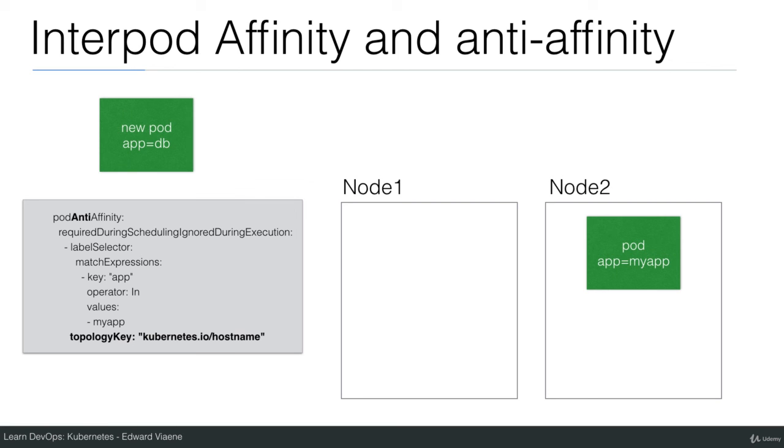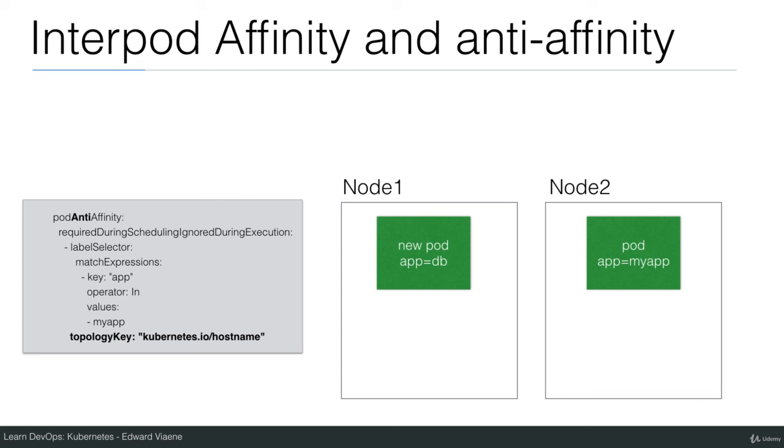Because it's anti-affinity, it will not schedule when the expression matches on the same host name. So where does it go? It goes to node 1, because node 1 has a different host name than node 2. So this is basically just the reverse of pod affinity. Anti-affinity makes sure that it doesn't get scheduled on the node with the same topology key value.